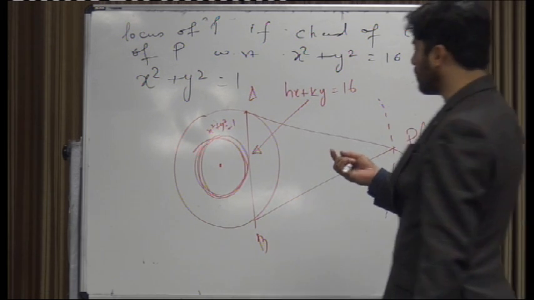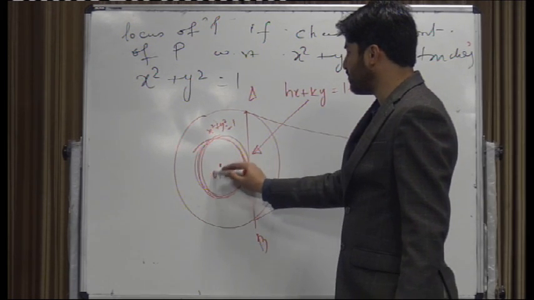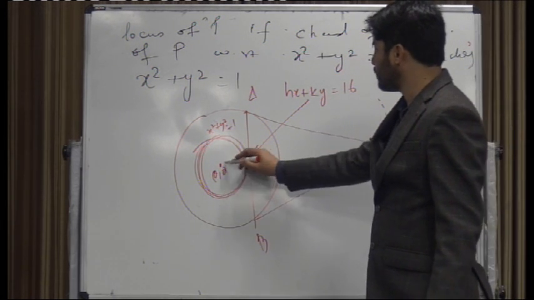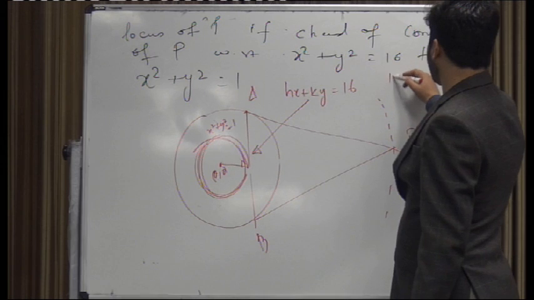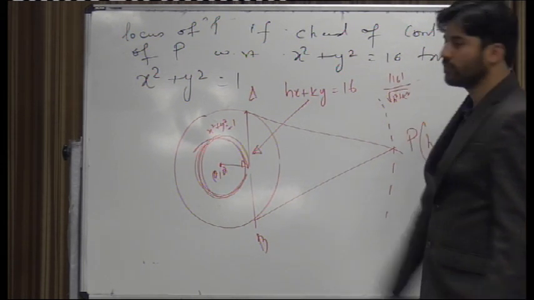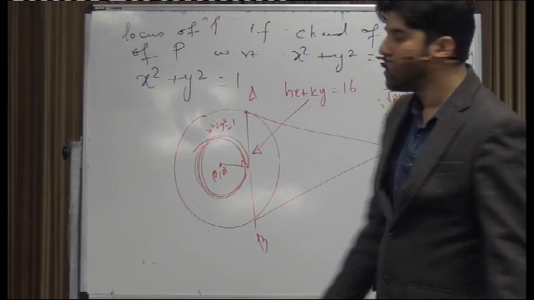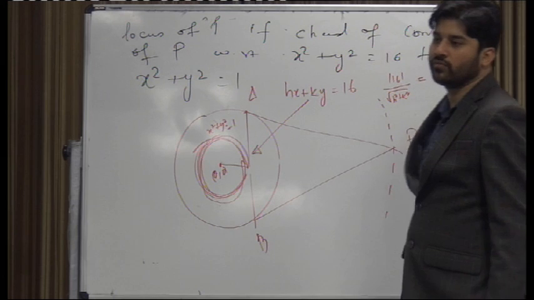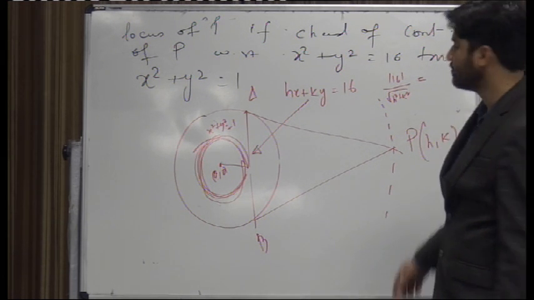The distance from the center, which is the origin because both circles are concentric, would be nothing but mod 16 upon under root h square plus k square, right? And this would be equal to the radius. What is the radius of the circle? 1.